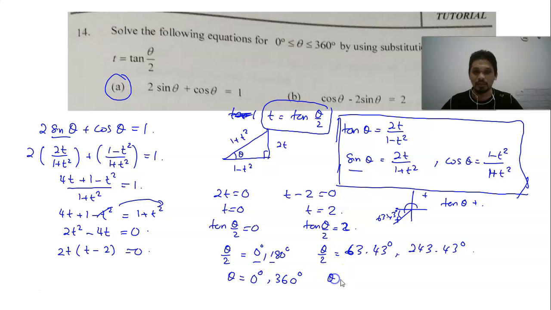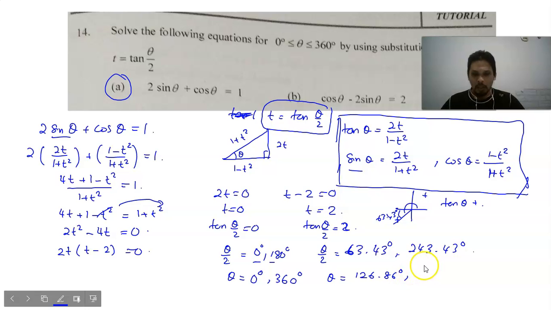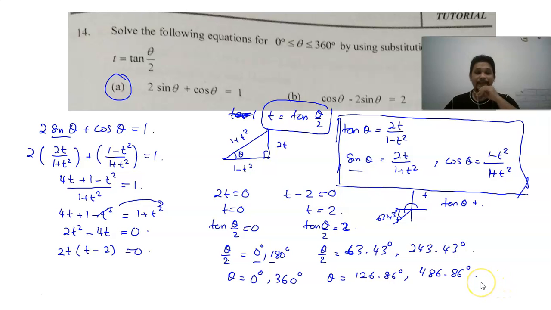For this one now, 2 times 63.43 equal to 126.86 degrees, and now 243.43 times 2 equal to 486.86 degrees. Okay, we got 1, 2, 3, and 4.